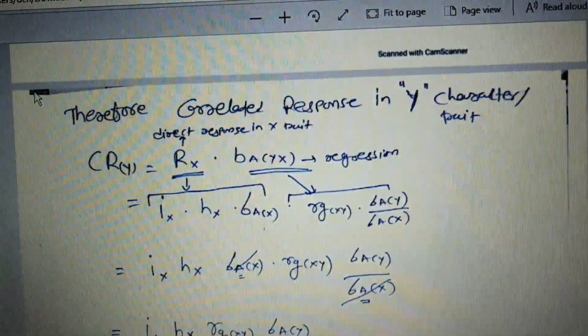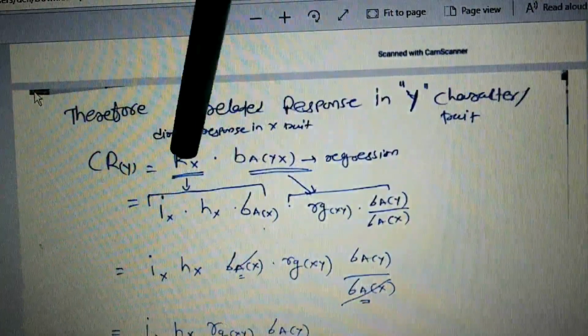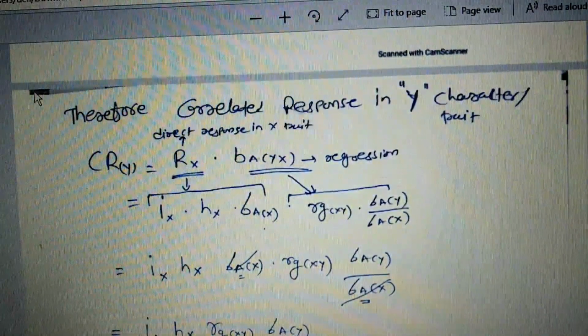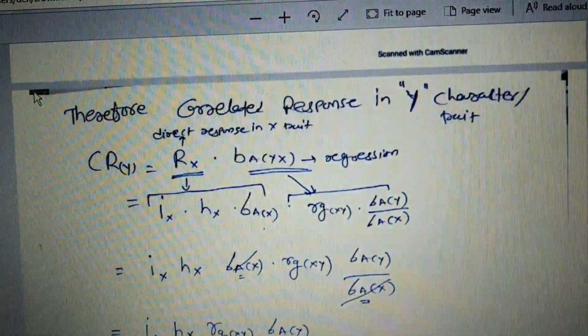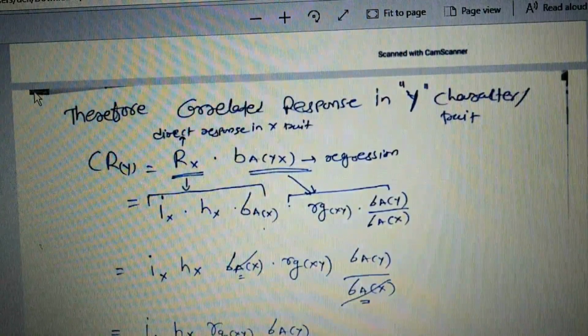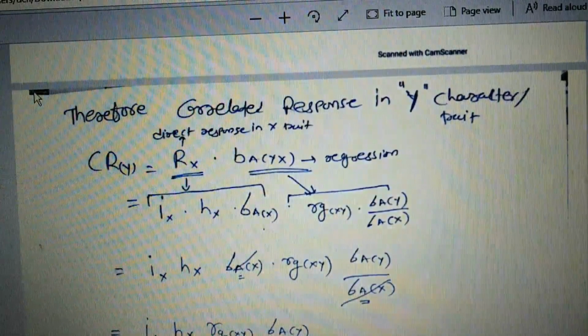Therefore, the correlated response in the Y trait, that is CRY, the correlated response to selection in the Y trait, is equal to the direct response in X multiplied by the regression. If we multiply both, we get the correlated response to selection.